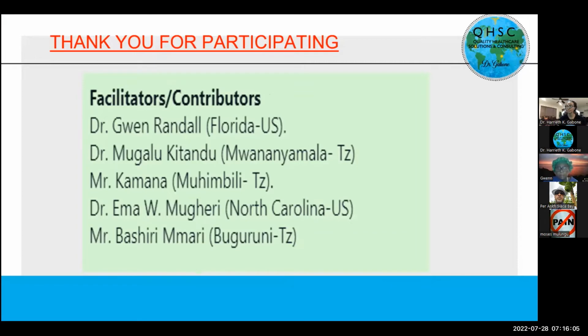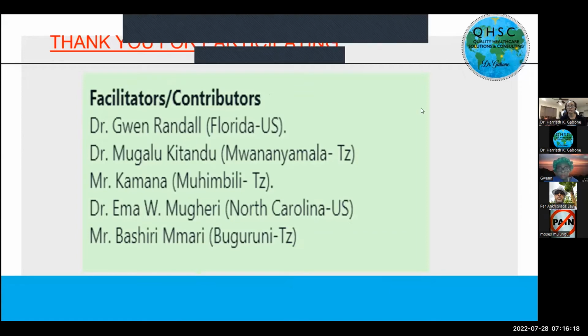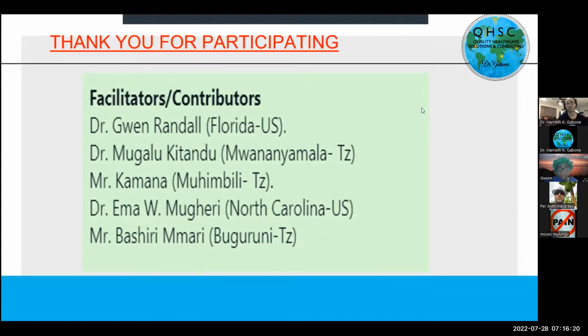The first case study addresses how labor and delivery identifies the patient and manages the postpartum hemorrhage. The second case study is if that patient was not managed and has to be transferred to Muhimbili, for discussion purposes. What exactly do we need to do to prepare for this patient?